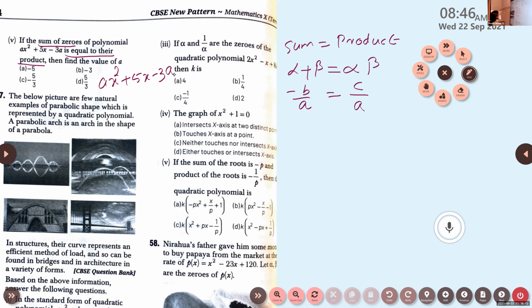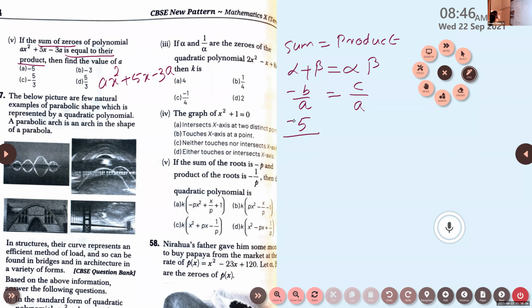Minus b by a, b is what? b is 5. So minus 5 by a.